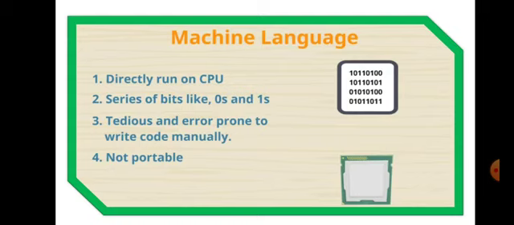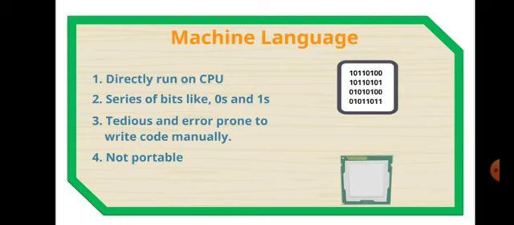As you are quite aware, a machine language is in the form of 0 and 1. As you can see in the picture, it is in the form of numeral 0 and 1. First point, it is directly run on CPU.